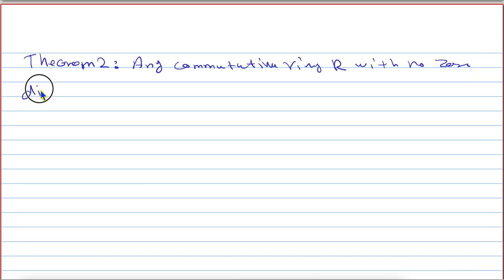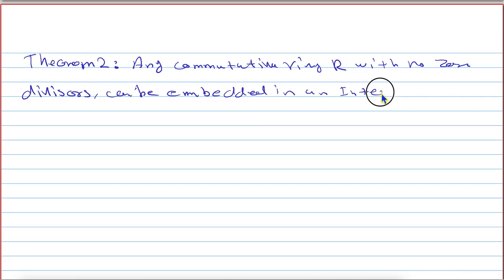Any commutative ring R with no zero divisors can be embedded in an integral domain.